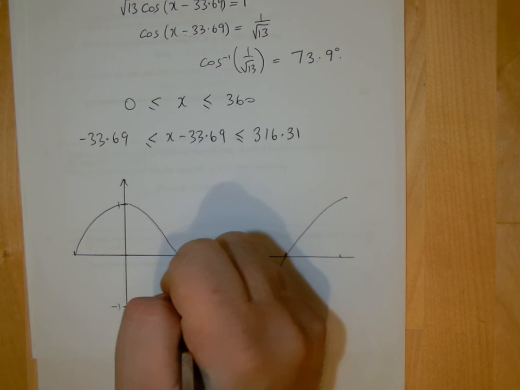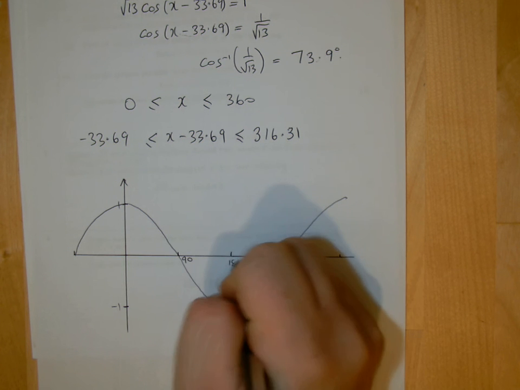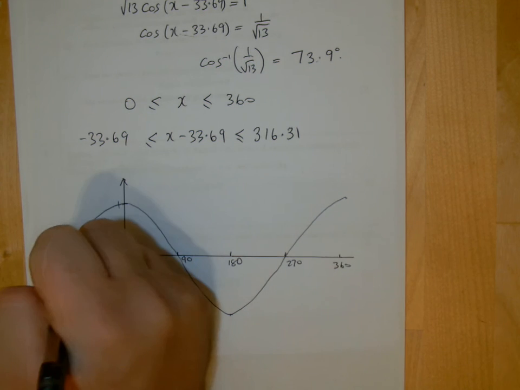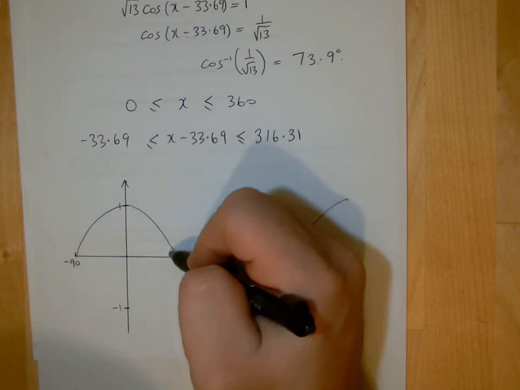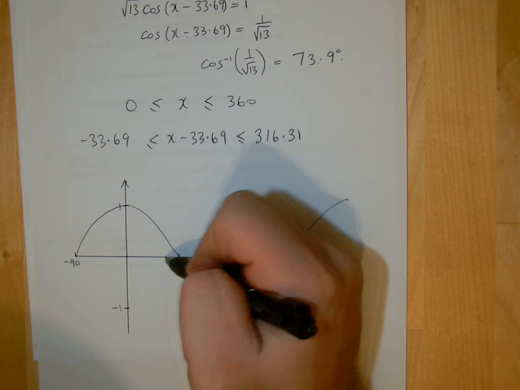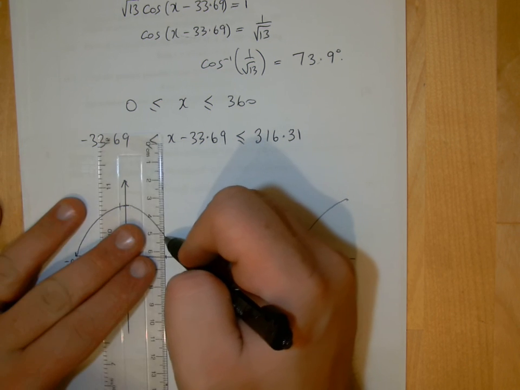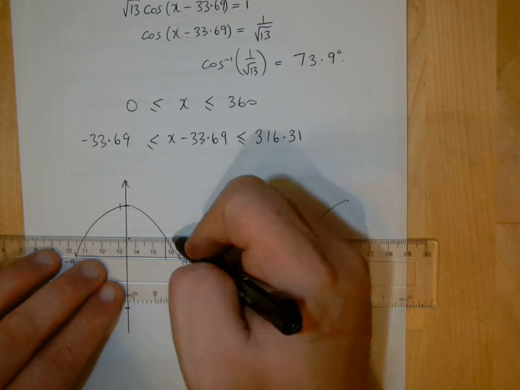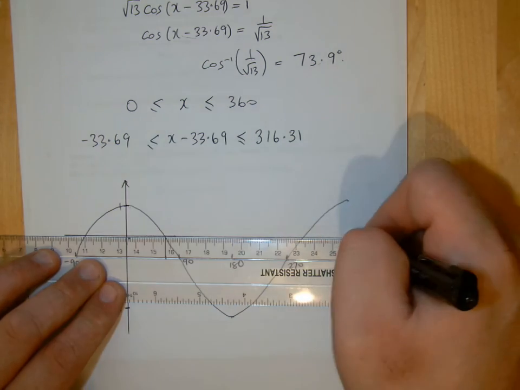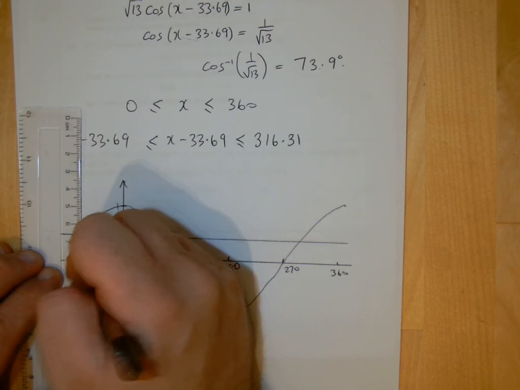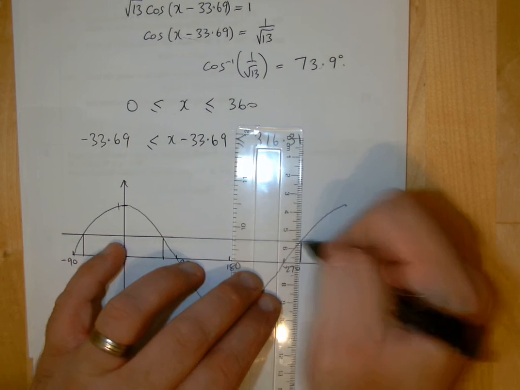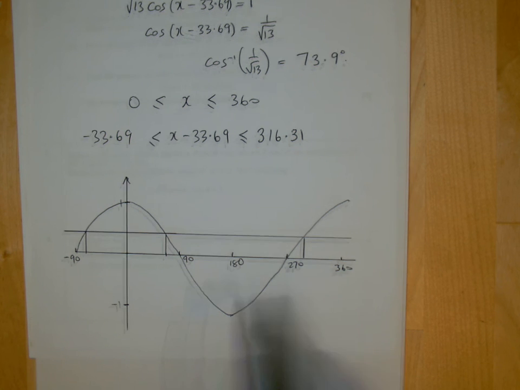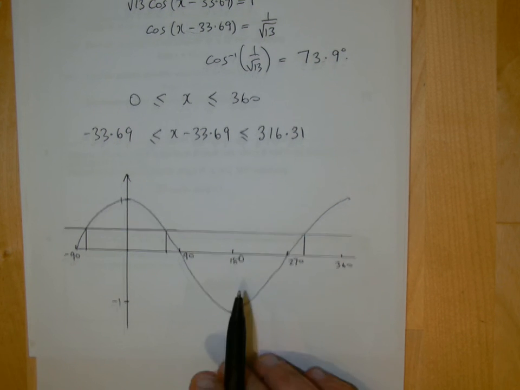Now 73.9 is around there, roughly. So I need to draw my line going this way. I've got a result there and a result here. I need to include all the results I've got, just to make sure I don't miss any out.